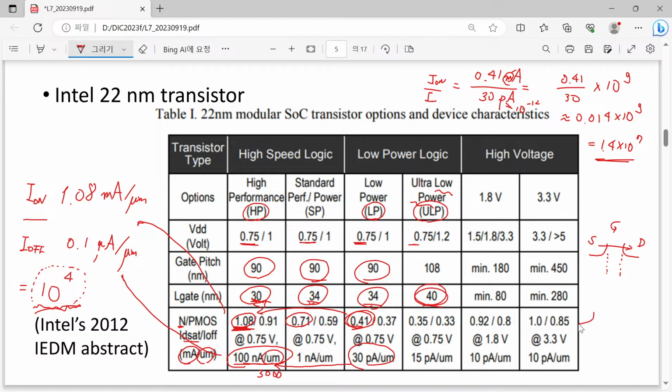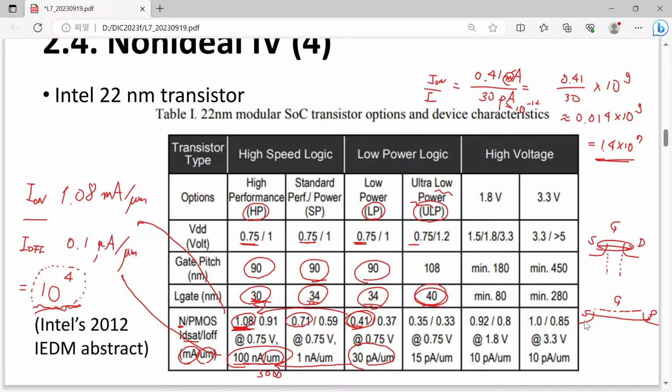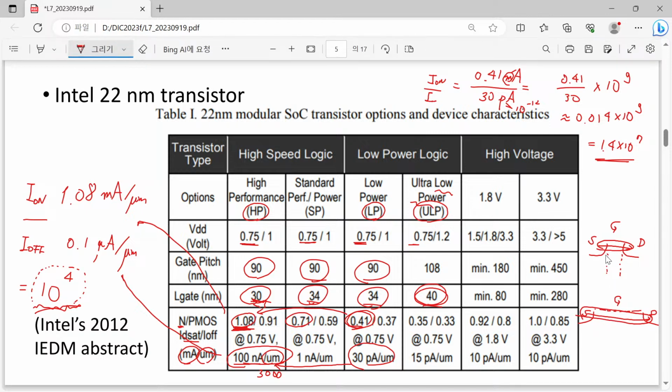But let's think about this one. Now your source is placed here, and now your drain is placed here, and your gate is controlling over this longer length. Then what will happen? You can easily understand or guess that the leakage current between source and drain can be drastically reduced when you have a longer channel length. Because the physical origin of this leakage current is just the proximity between source and drain.